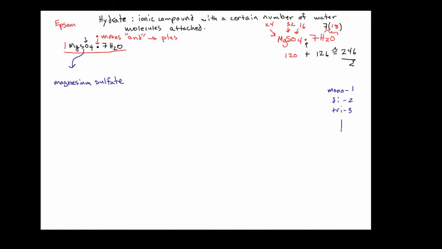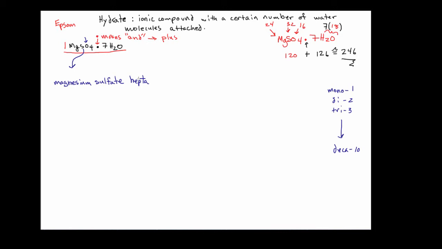You're going to find this in the chapter on naming, which will be in chapter 1 or 2 of a general chemistry book, and I'm not going to go all the way through this in the video. I'll make references back to the list, but it finishes with 10, which is deca for 10. You need to make sure that you've got those memorized. Now, the prefix for 7 is hepta.